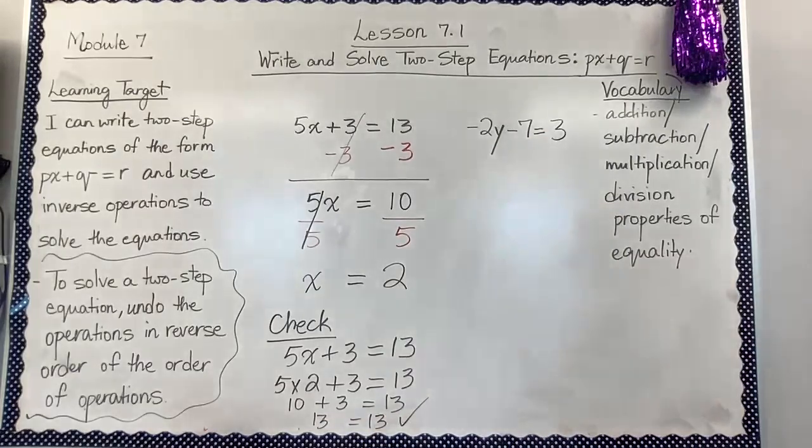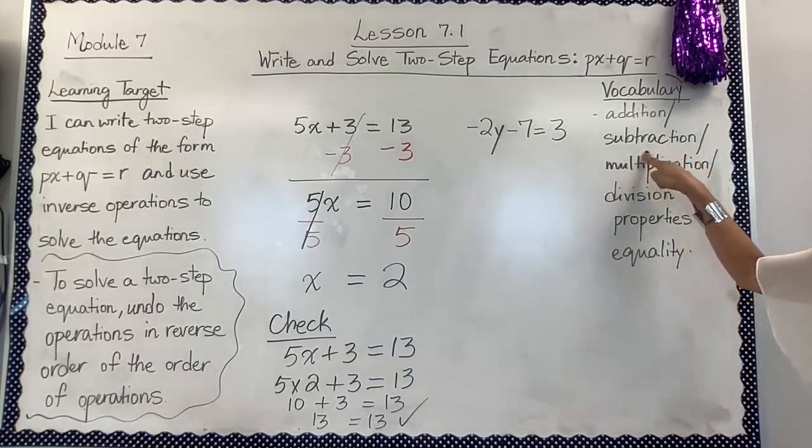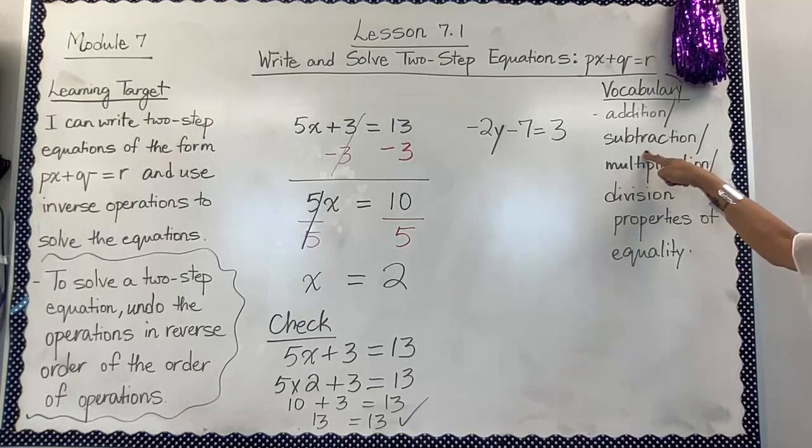All right. So let's quickly talk about the different properties, because you can use the properties of equality to solve equations algebraically. And so the addition property of equality says that two sides of an equation remain equal when you add the same number to each side. In the subtraction property, you subtract the same number from each side of the equation.